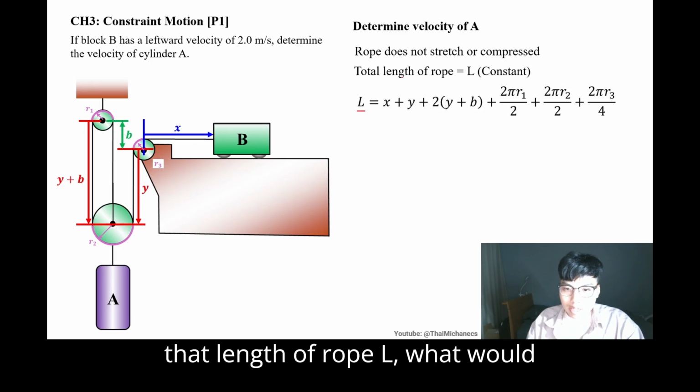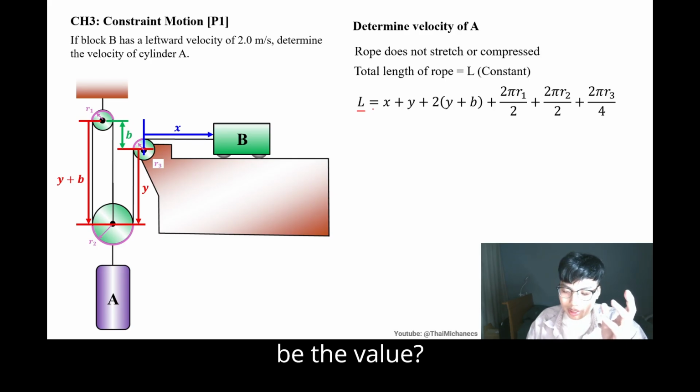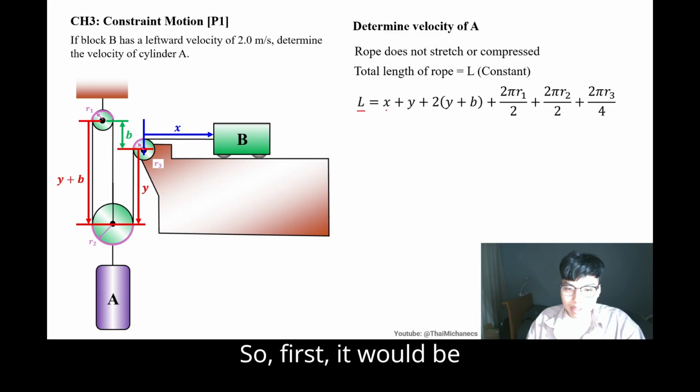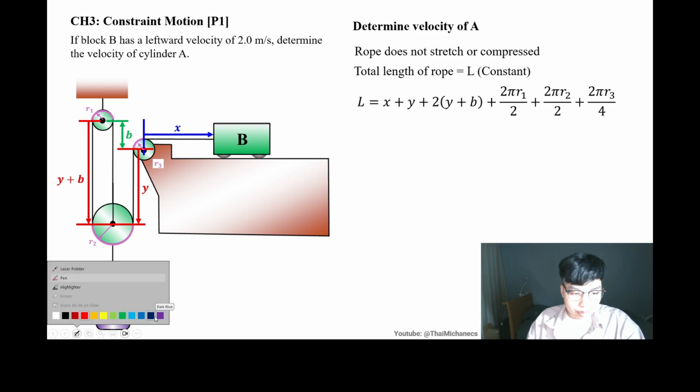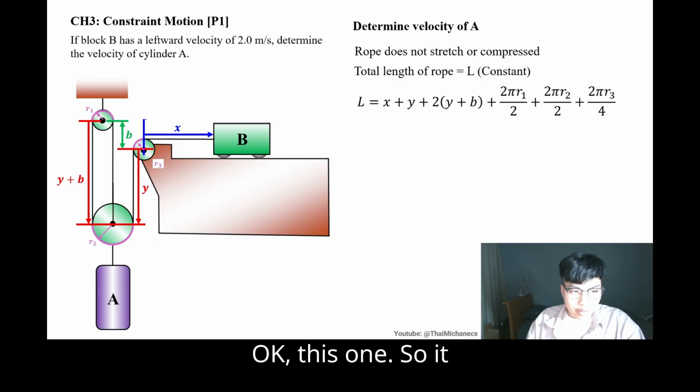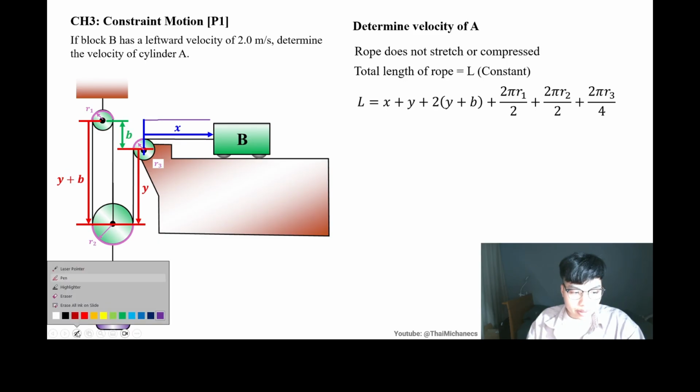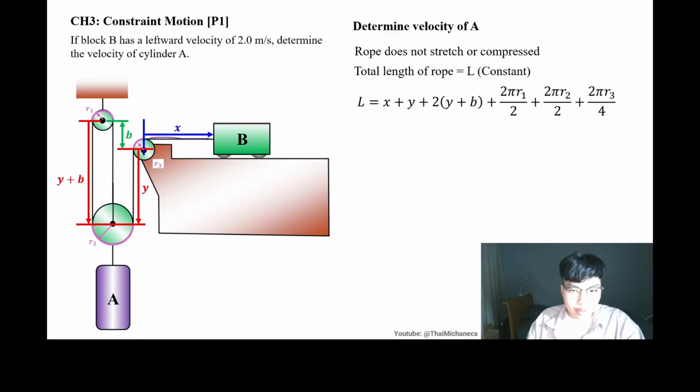Now, what would be the value of that length of rope L? First it would be equal to x, this length, plus y, this length, plus y plus b times 2, I believe this line and this line as well.